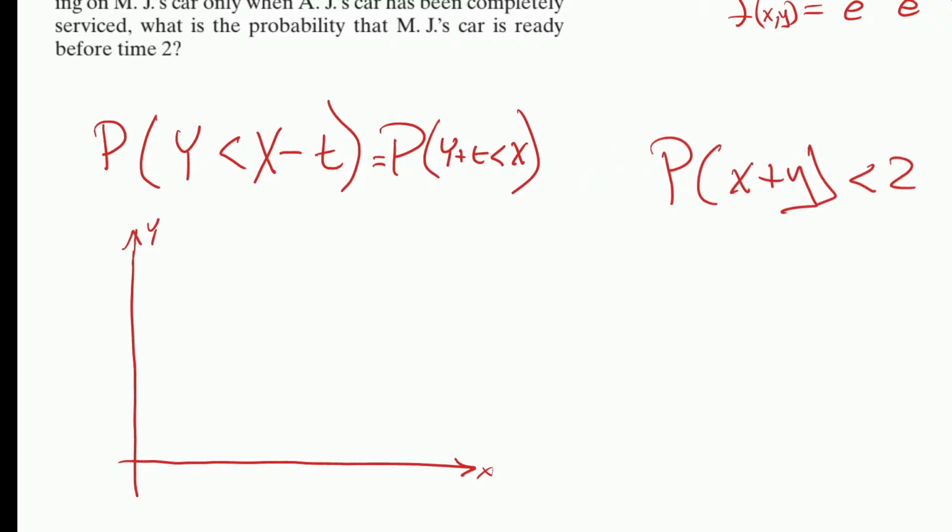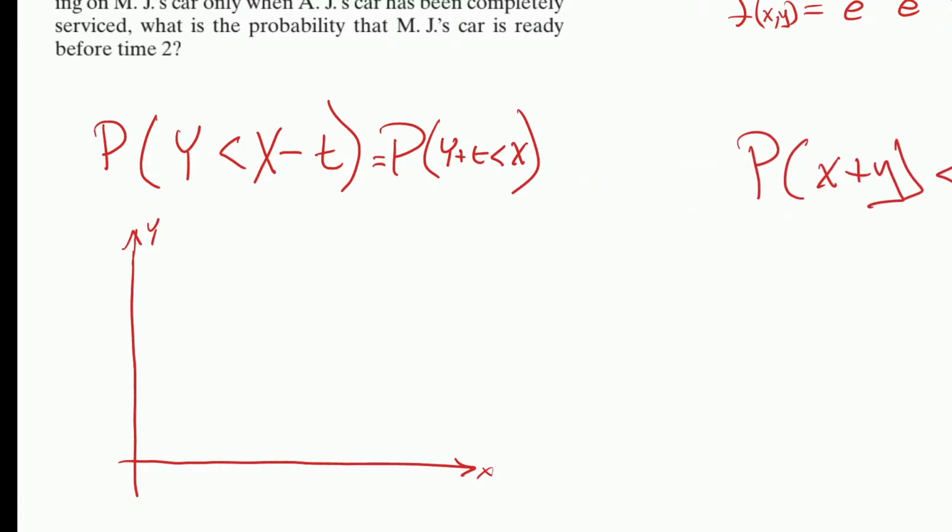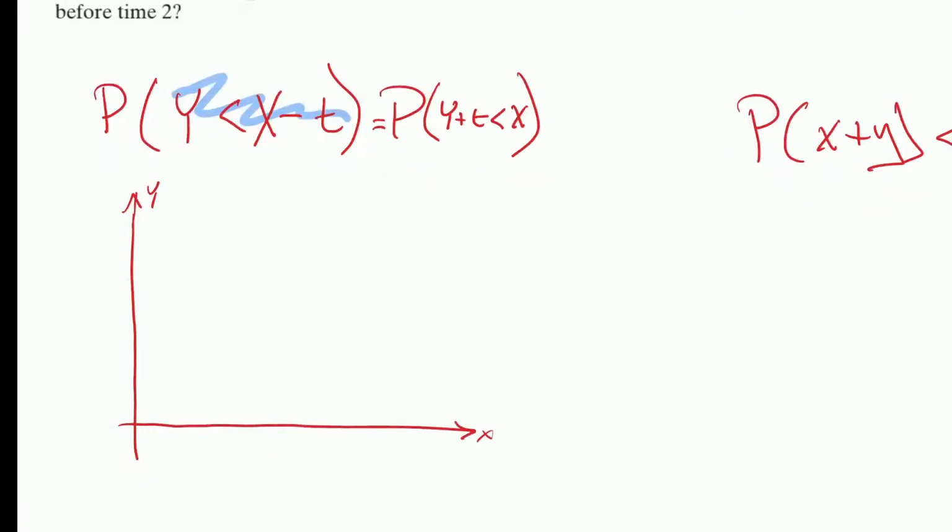Those are equivalent. So, okay, let's actually do this. Y plus T is less than X. Actually, I like this better, the first one. Now that I've got them both there, this one looks better. Okay, so Y is less than X minus T. That's this line right here. So there's T, Y equals X minus T. And essentially, I'm going to be doing this probability.